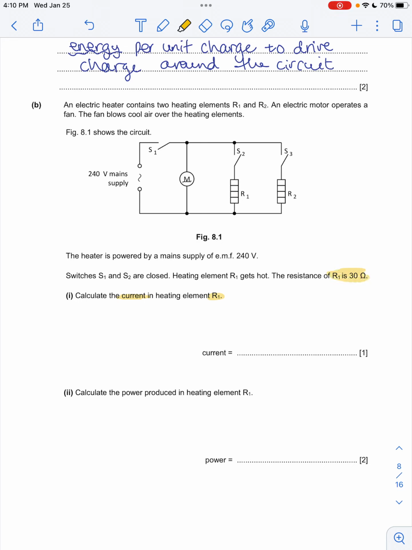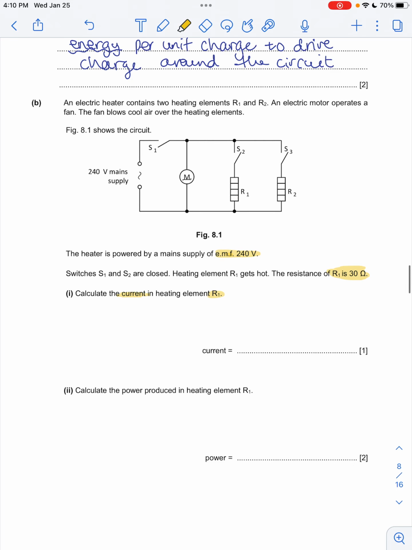And I'm not told much else about R1, but I am told that the EMF is 240, and this is a parallel circuit, so that means that 240 volts are given to me by my power source, and R1 is the only load in that branch. Therefore, the full 240 volts given by the main supply have to be used at R1.